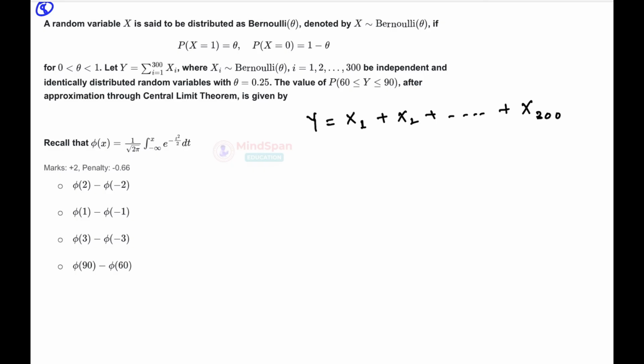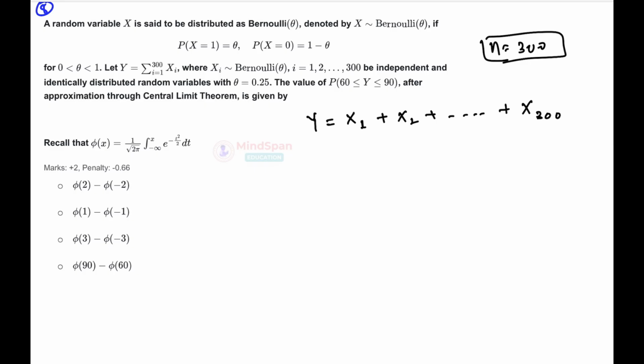So how many such random variables do we have? 300. So n is equal to 300, and we have a sufficiently large n so that we can apply the central limit theorem easily. We will not have any doubt while applying it, and even the question says that we can make use of the approximation of the central limit theorem.